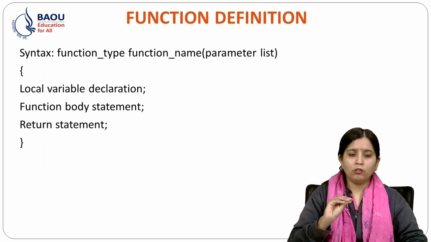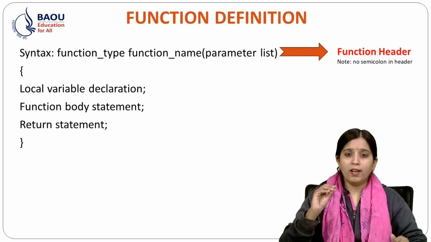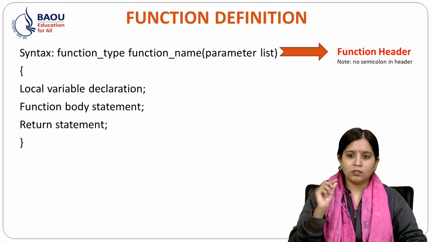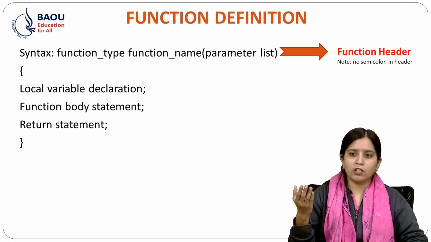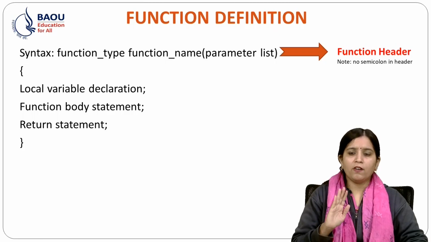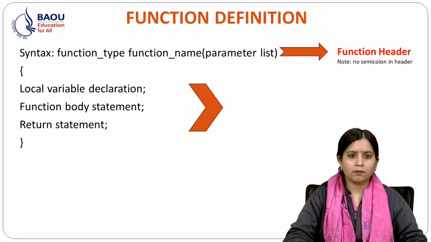So now this function definition has been closed. This is known as the function header. Just try to understand the difference between function definition and function call. Whenever we define our function, we need not write a semicolon. This is the function body.